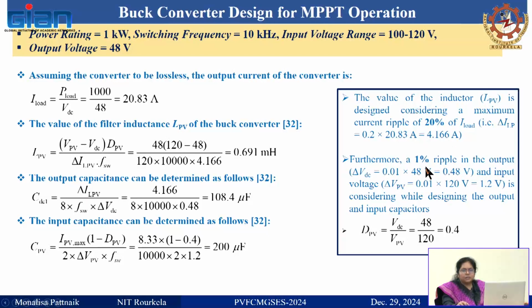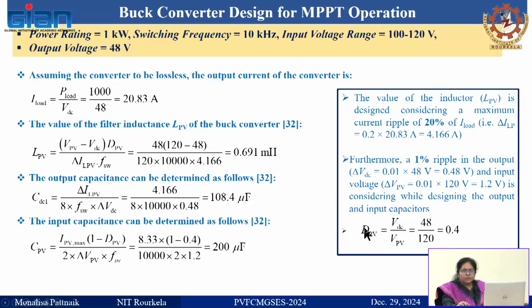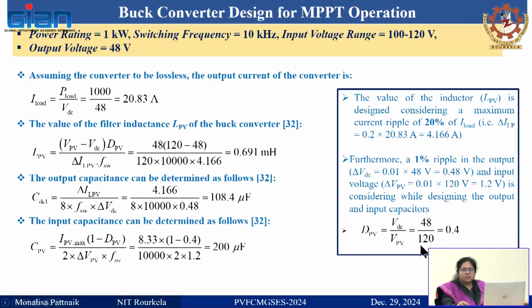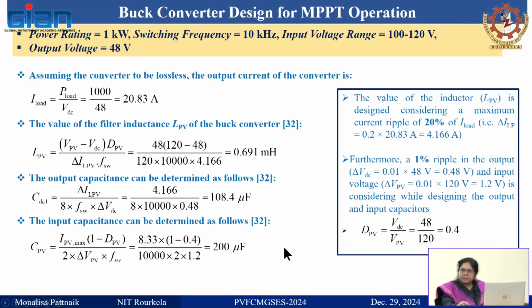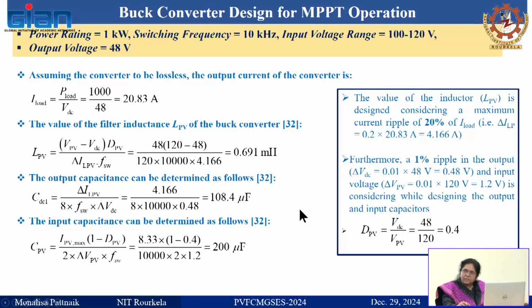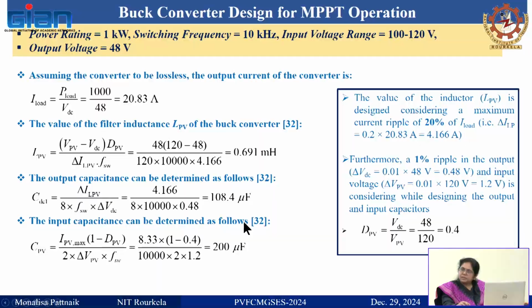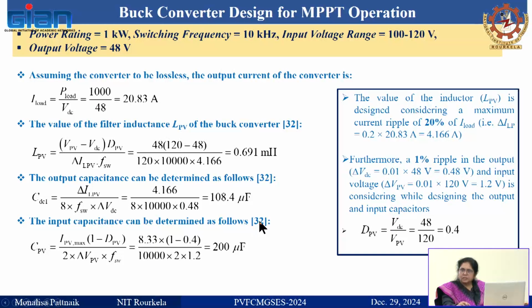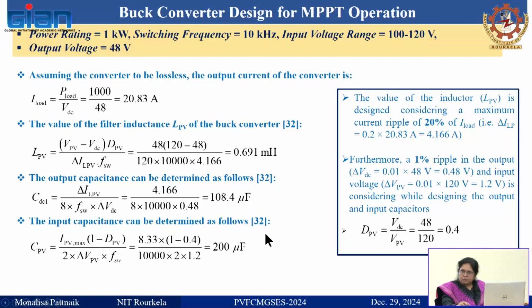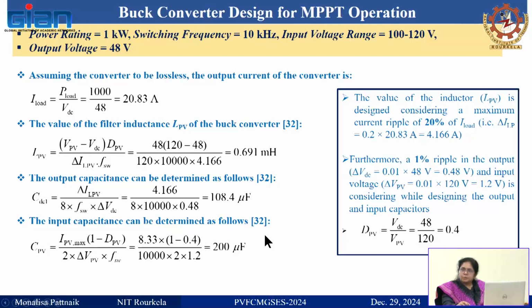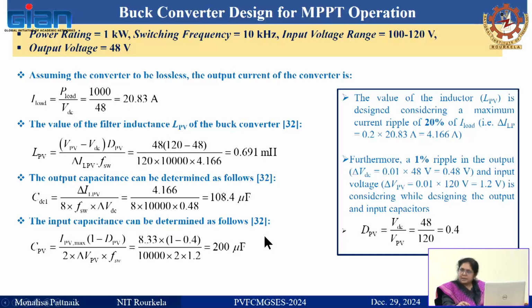Taking that, the operating range, the duty is calculated to be 0.4 here. This is one simple example I have given, and when you are going to simulate it, you can simulate the same thing with the buck converter, to operate it in the MPPT mode. But this is the converter design I am talking about.